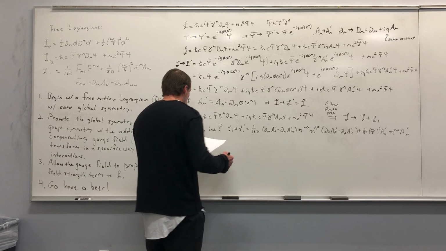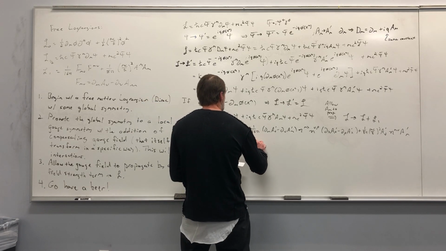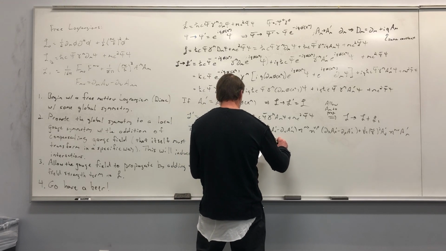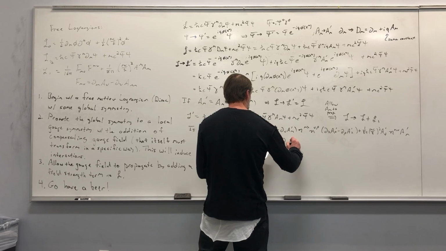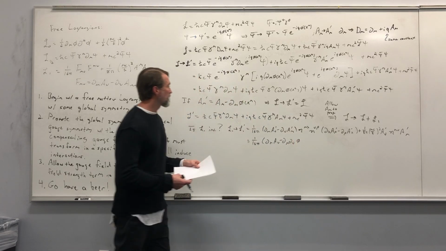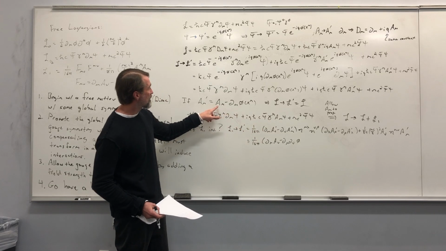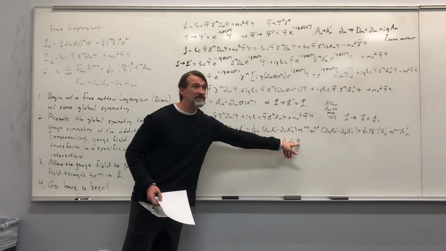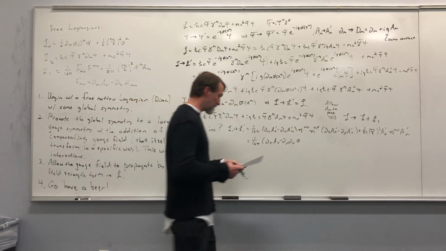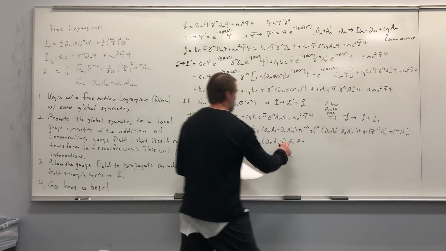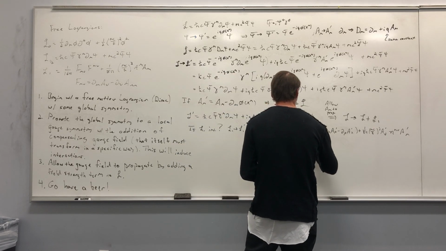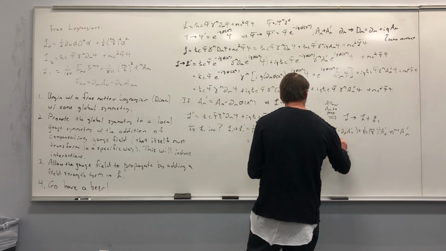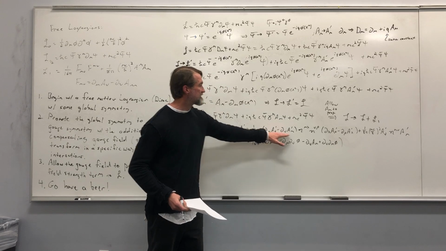Okay? So if I do that, I'm going to get 1 over 16 pi. Oh boy, here we go. d mu A nu minus d mu phi. Okay, that's just replacing this A nu prime with A nu minus d nu phi. And I'm going to leave off the position dependence of the phi's because there's going to be too many of them. Minus, now I'm going to replace this one. Okay, so that's this term in parentheses.